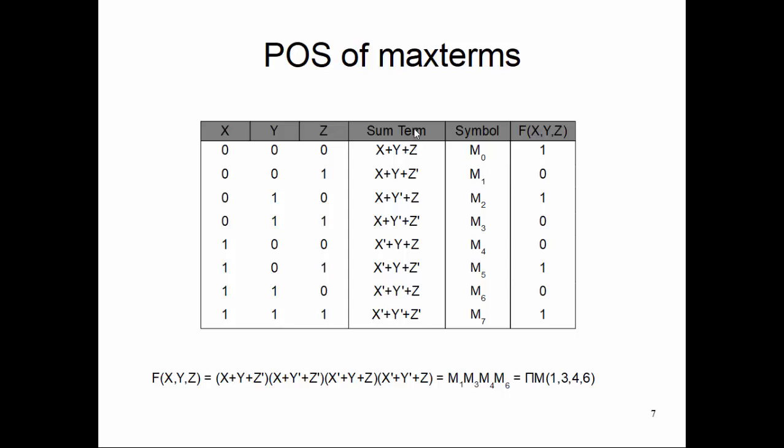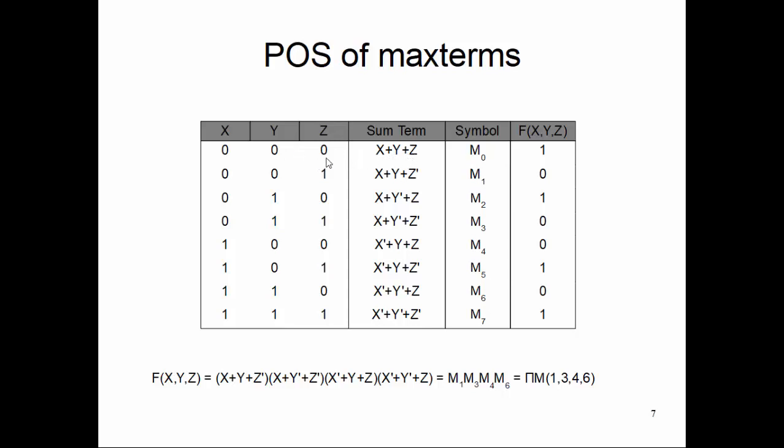Now we introduce a column, sum term, which is like a max term we can say. Here the trick is, if the Boolean value is 0, we write the uncomplemented form. And instead of the product, or dot operation, or AND operation, we call it a sum, or OR operation.